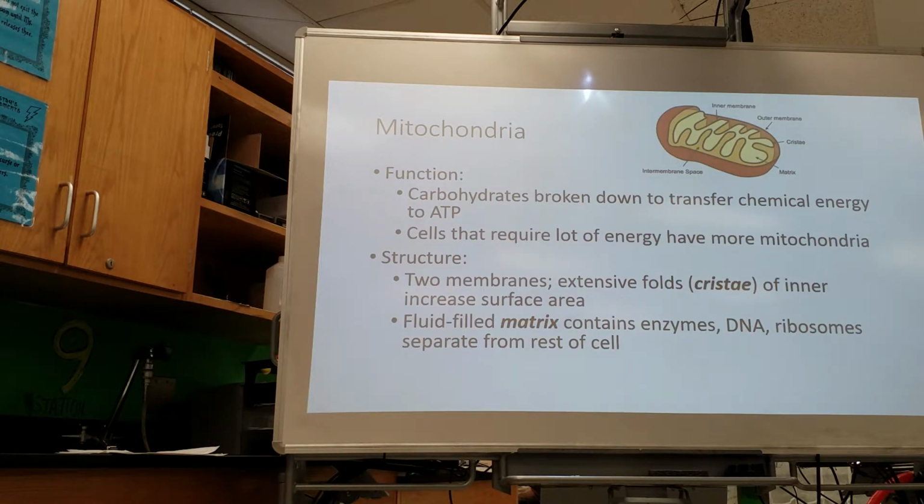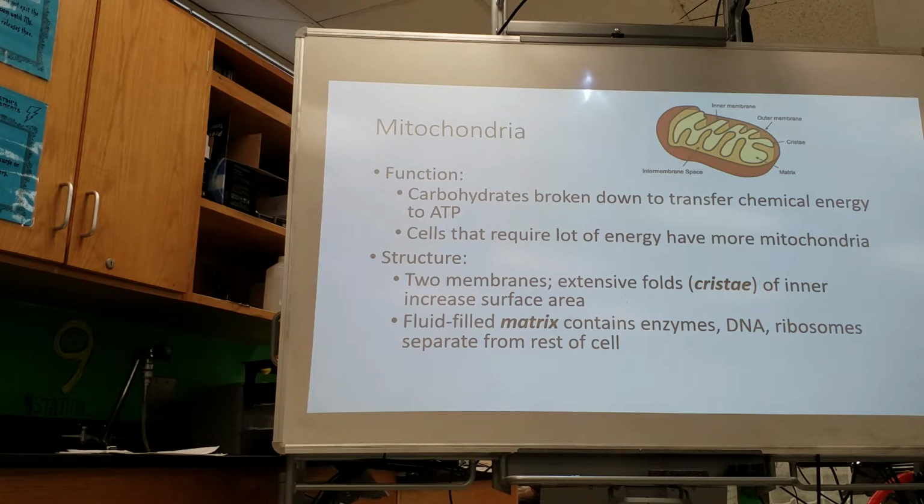Mitochondria, we've talked about several times, especially with cell respiration. They break down carbohydrates. This specifically has the electron transport chain and also performs the Krebs cycle. Remember, there's a part of cell respiration that happens out in the cytoplasm. Important parts are the fact that it has two membranes that allows it to build up a proton gradient.